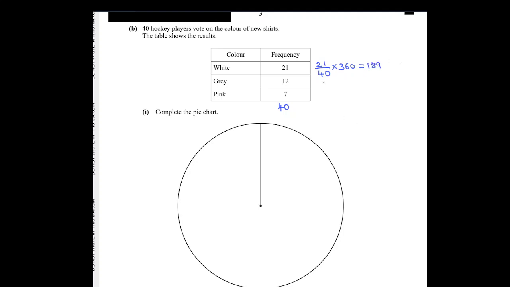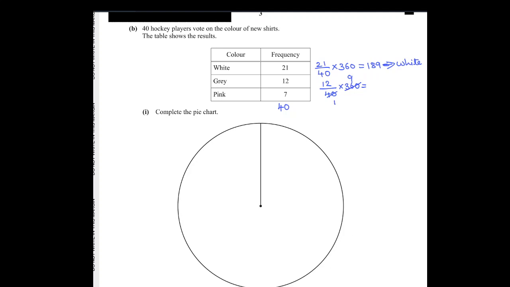Then take 12 out of 40 for the grey color. 12 by 40 times 360. You can do it the easier way also: 40 times 9 is 360.